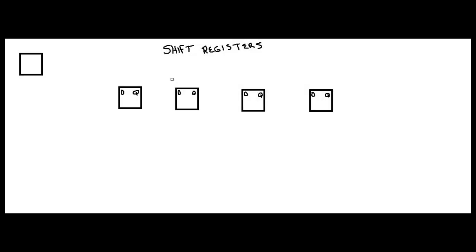Hello everyone. Today we're going to talk about shift registers, and specifically three types, okay? One, we're going to talk about the serial, which we're going to draw down below here in just a second.